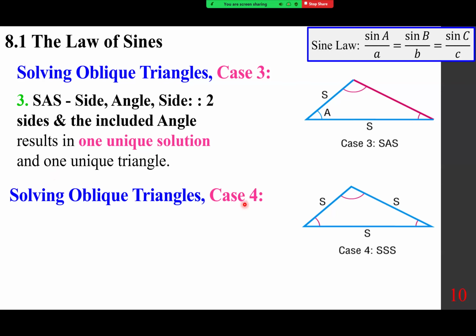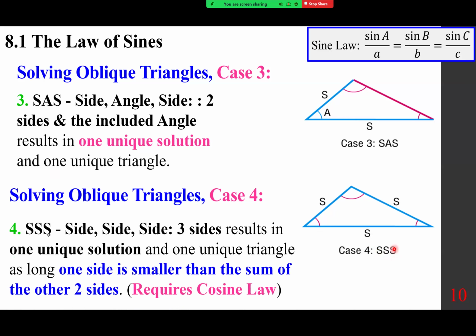Solving oblique triangle case number 4, SSS. SSS, side, side, side. Three sides results in one unique solution and one unique triangle, as long as one side is smaller than the sum of the other two sides, and we require the cosine law to solve this.